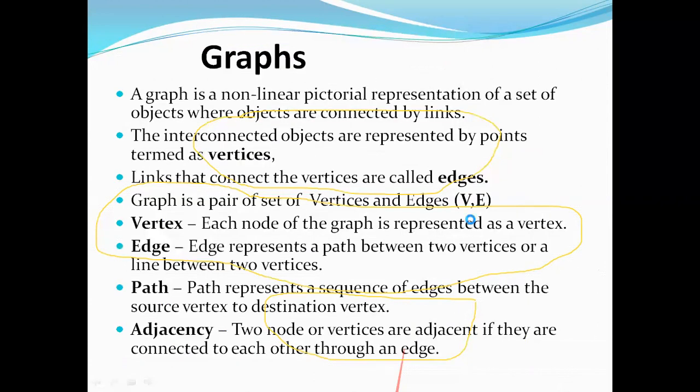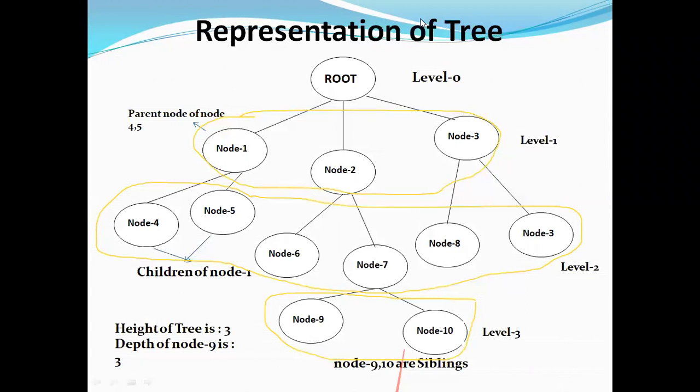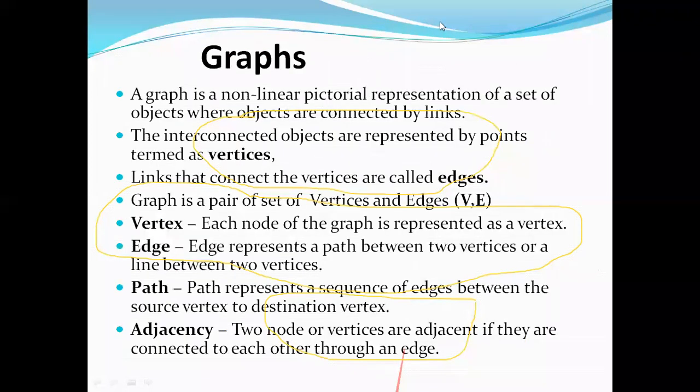Then, graph. If we talk about the graph, what is a graph? The next nonlinear data structure is the graph. A graph is a nonlinear data structure that we represent in a pictorial form as a set of objects where objects are connected by links.